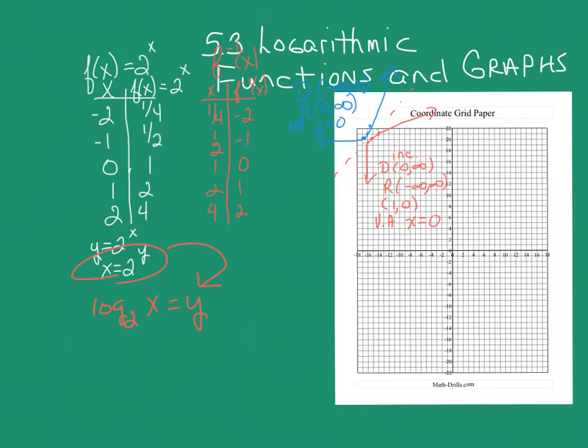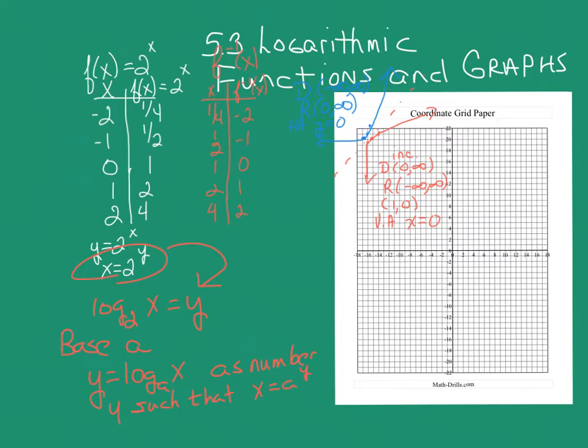Just in general, if we have base a, we define y equals the log base a of x as the number y such that x equals a to the y.